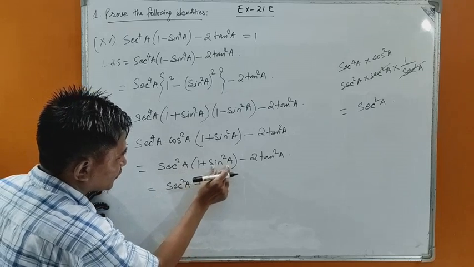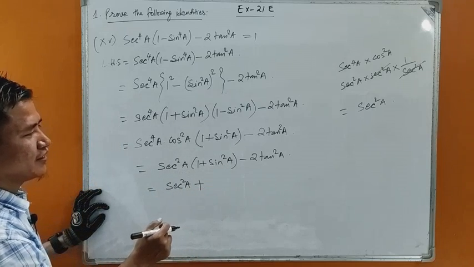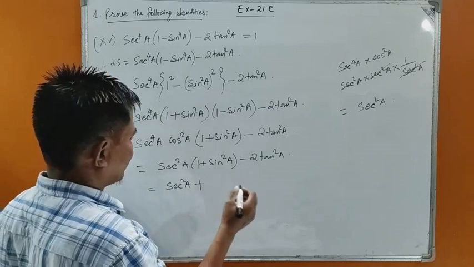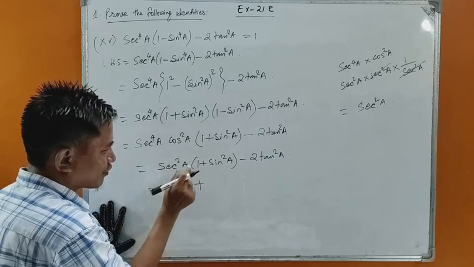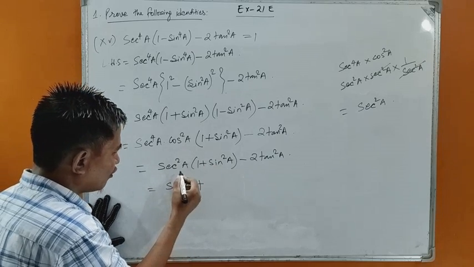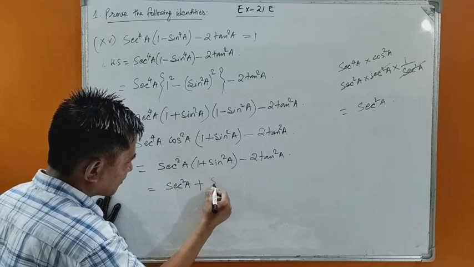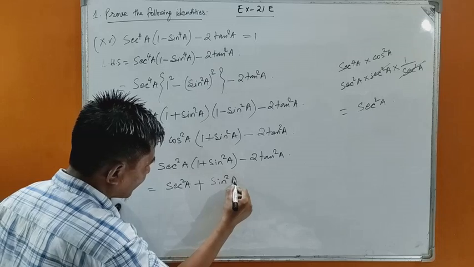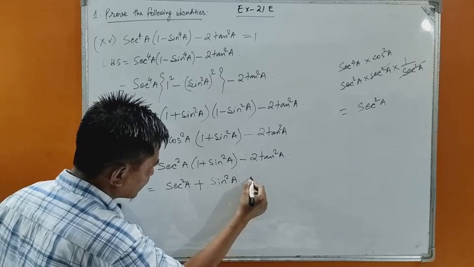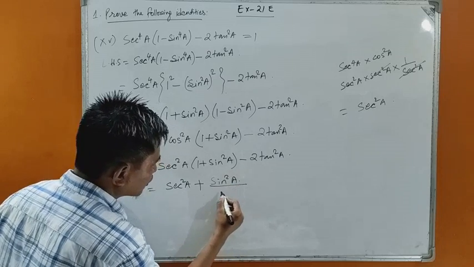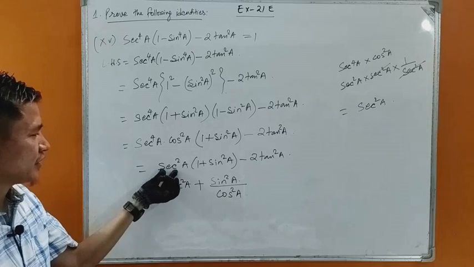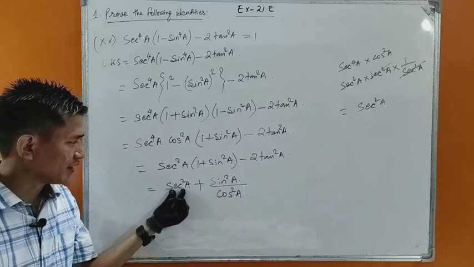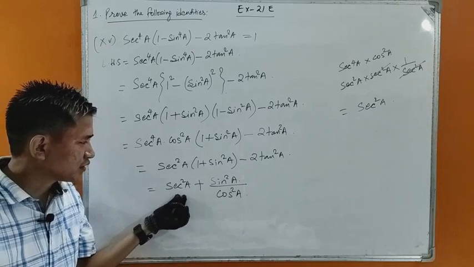Sec square a into sine square a is actually tan square a. I'll prove this. Sec square a into sine square a means sine square a into sec square a, isn't it? That sec square a when goes to the denominator becomes cos square a. Are you getting me? Sec square a into 1 is sec square a.